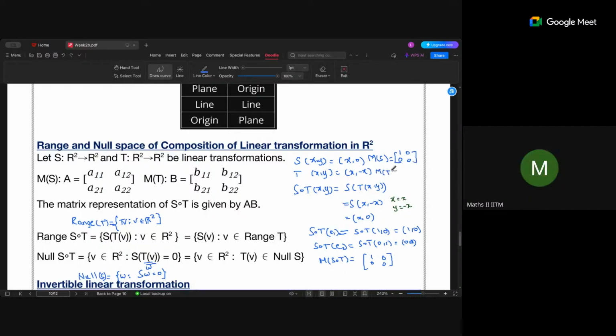What is M of T? It is [[1, 0], [-1, 0]]. Why is it like this? Because T of (x, y) is (x, -x), so only the x value is coming.